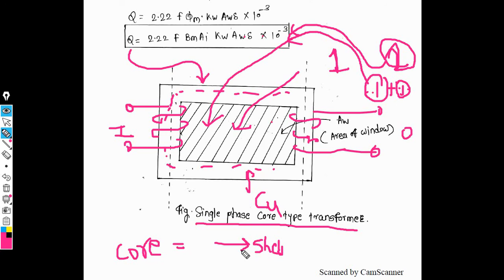Now this is the output equation of the single phase core type transformer and shell type transformer, because both equations are the same. And in the next lecture we will solve the output equation of the 3-phase core type transformer and 3-phase shell type transformer.